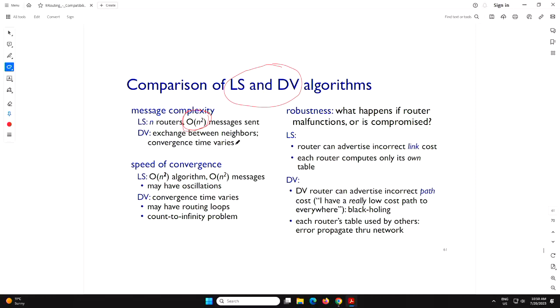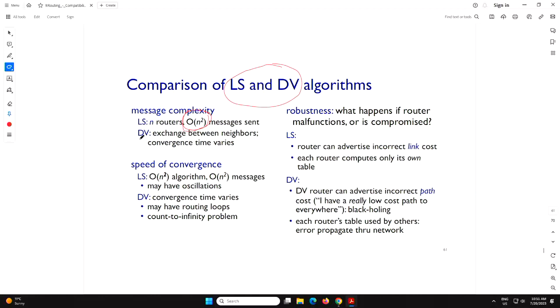Instead, DV exchanges between the neighbors, and it doesn't have this n, because if you have only two neighbors, then you only worry about two neighbors, right? You don't care how big the network is when you are exchanging your messages, because you don't have to exchange with everyone, right? Is that clear?